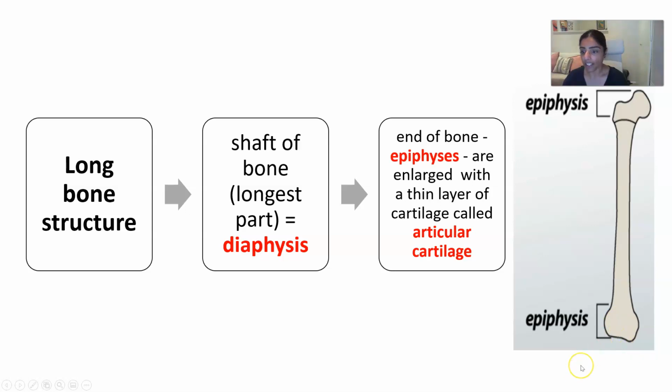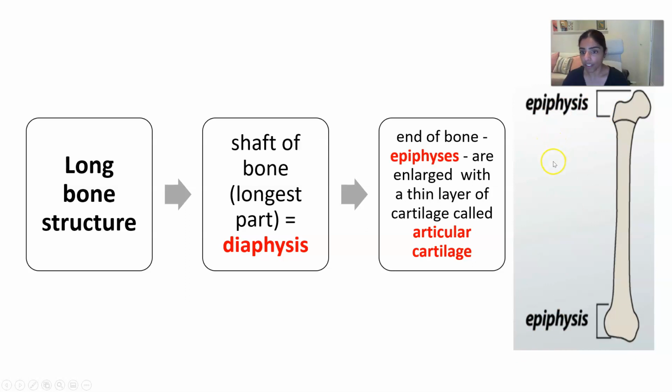Now you can see in this diagram that the long bone itself has two regions. It has these swollen regions at the bottom and the top, and each one is called an epiphysis. And together, both of them are referred to as epiphyses.